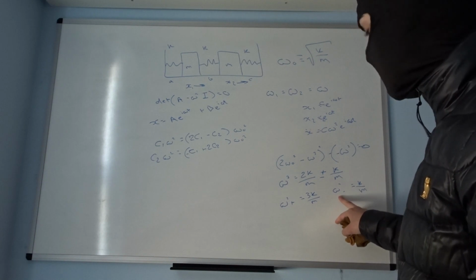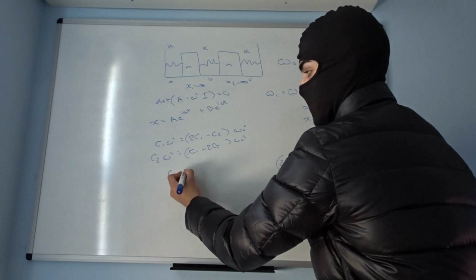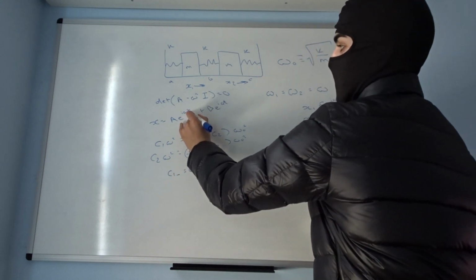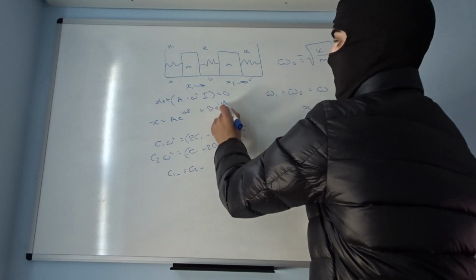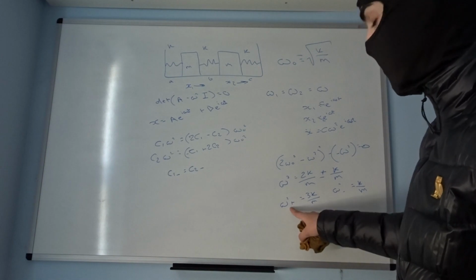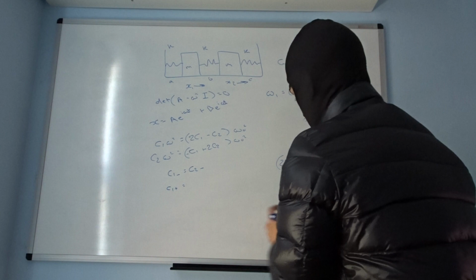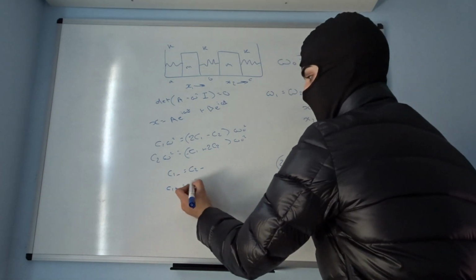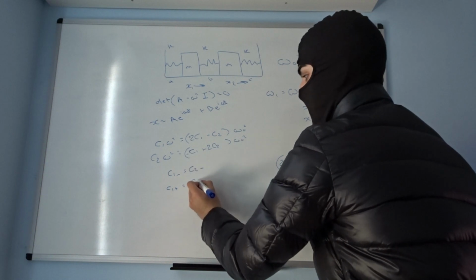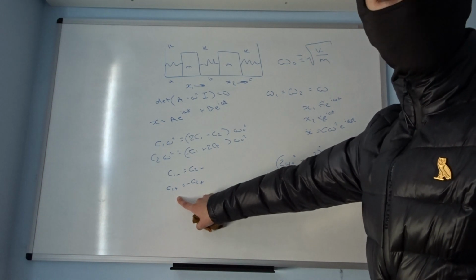When you sub in for omega minus, we're going to get C1 minus is equal to C2 minus. When we sub in for 3k over m, which is omega plus, we're going to get C1 plus equals minus C2 plus. I'm skipping a lot of steps, but it's easier to see.